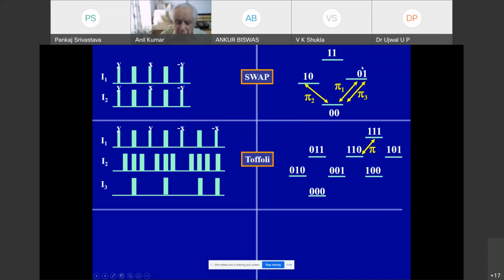So this is the zero quantum subspace in which she worked, and she showed that if you apply a pi pulse on the first transition, a pi pulse on the second transition, and a pi pulse on this transition, and back a pi pulse on this transition, it interchanges the population of these 2 levels. Actually, if you apply an alpha degree pulse here, it's an alpha degree rotation in the zero quantum subspace.